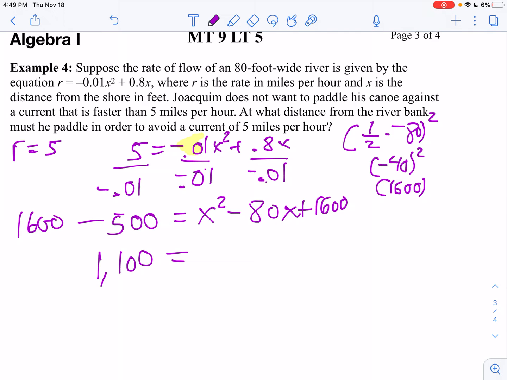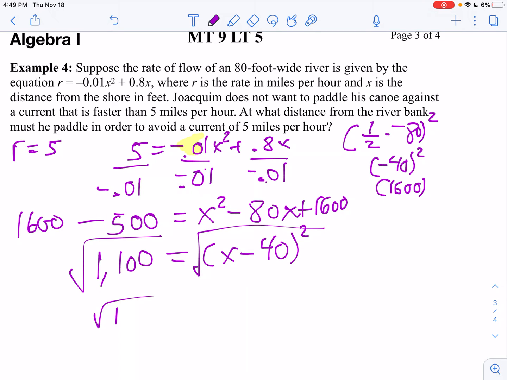I'll factor my right-hand side, so I'll get x minus the square root of 1,600, which is 40. So x minus 40 squared. Well, then I'll take the square root of both sides. So I'll get the square root of 1,100 equals the absolute value of x minus 40. Well, to get rid of my absolute value, I'll make two cases.